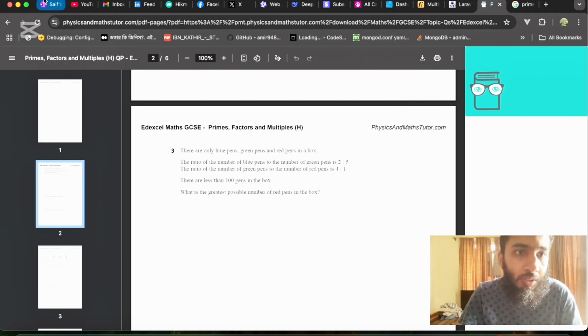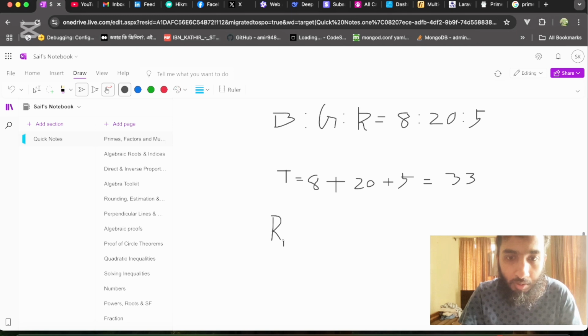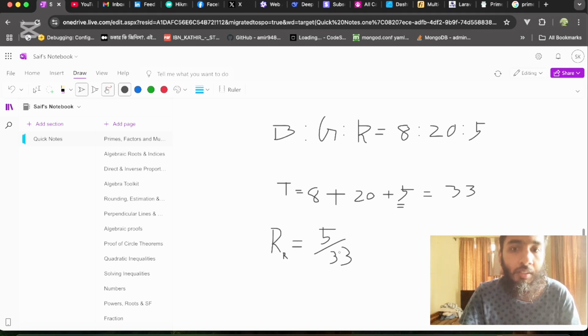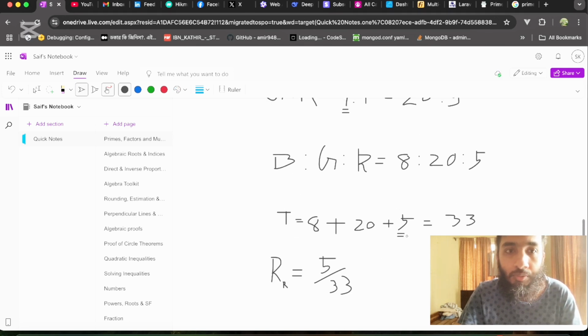Red, because red is what I want to figure out. So the ratio of red is this portion, 5. So 5 out of 33, if I express it as a fraction. So the ratio is 5 out of 33.